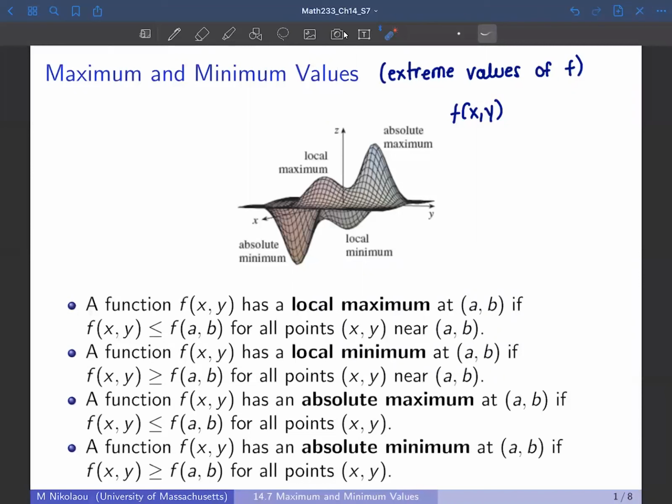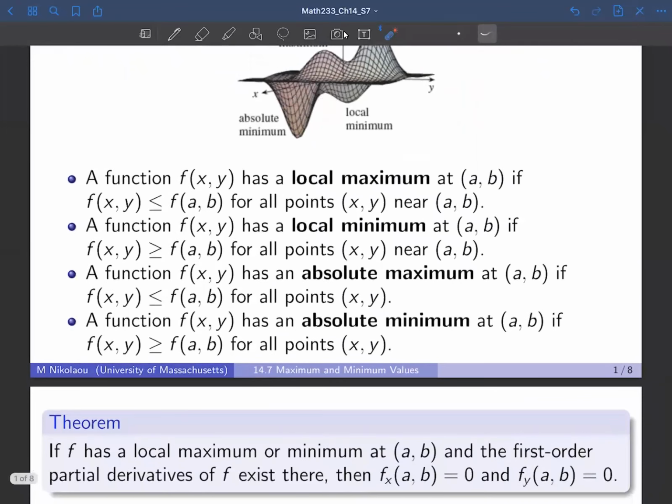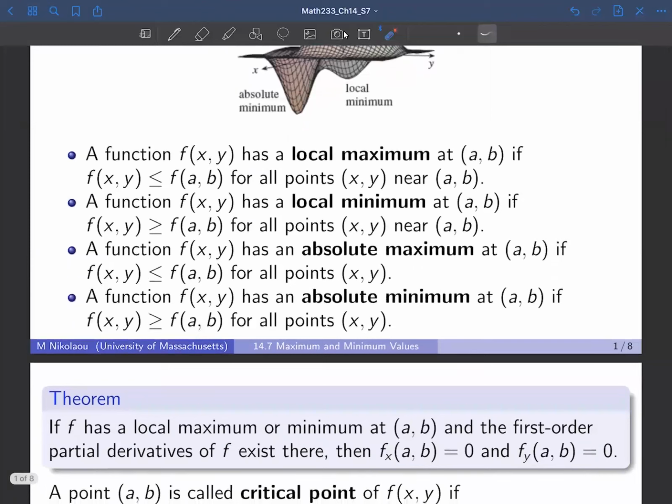So let's see now a theorem on how we can find those critical points that a function has. If the function f has a local maximum or a local minimum, and the first partial derivatives of f exist at that point a, b, then at that point the partial derivatives of f with respect to x and y should be equal to 0.